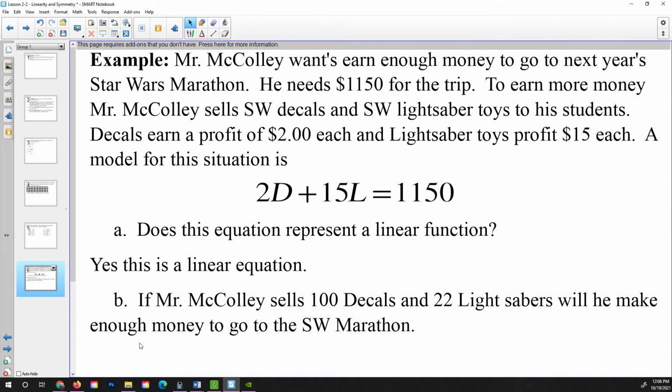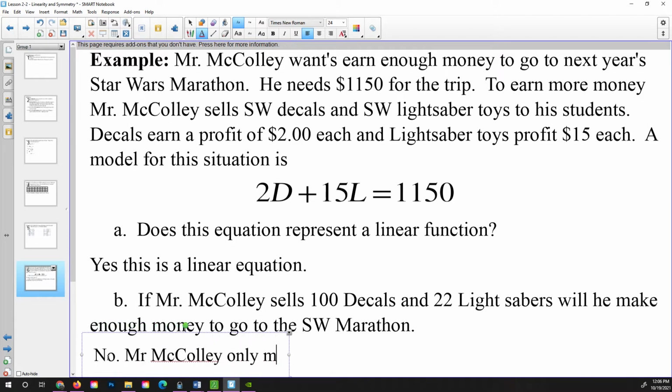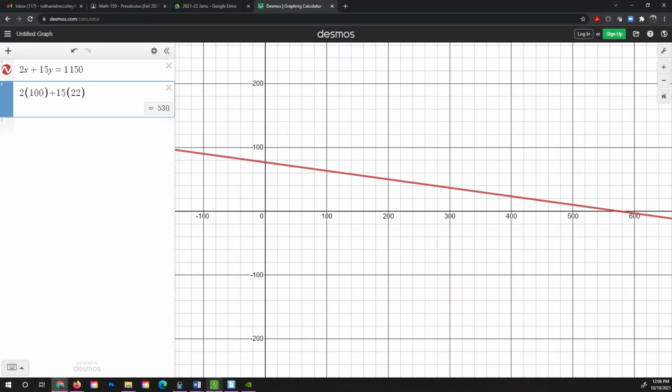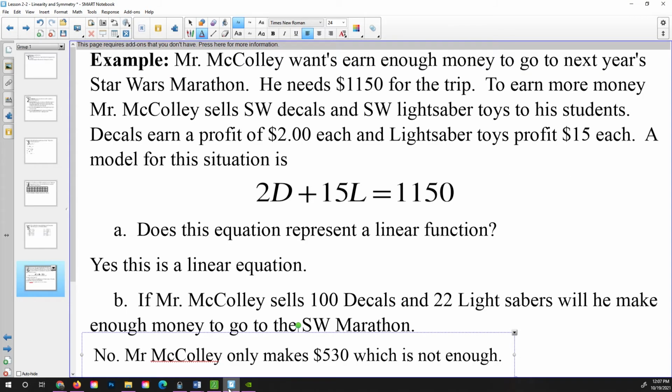But the answer is no. Mr. McCulley only makes $530, which is not enough. Okay, so that's all for that.